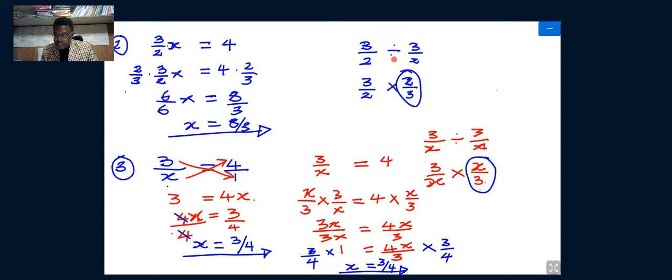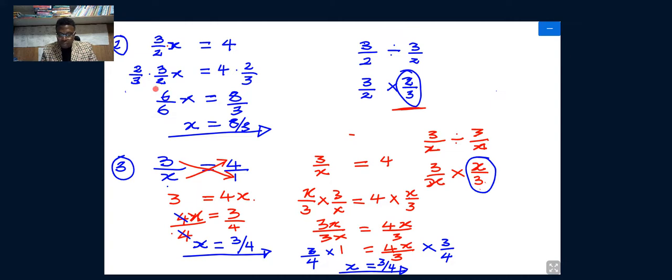We change the division sign into a multiplication sign, and then we invert 3 over 2. It becomes 2 over 3. This is what we want, this 2 over 3. We are going to multiply both sides with it on the equation.